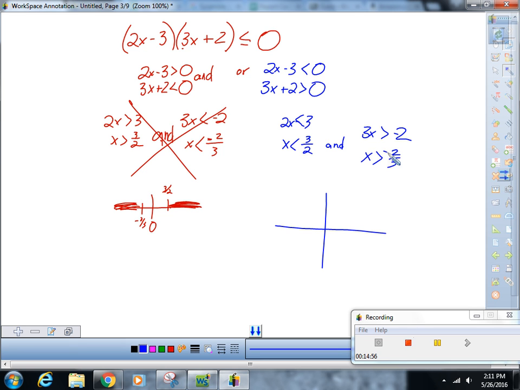Okay, here we go. And can x be greater than negative 2/3? Well, here is negative 2/3, and here is 3/2. And can x be less than this one and also be greater than that one? Yes, it can. So this is your answer. Okay? So you would write that like this. X is in between 3/2 and negative 2/3.